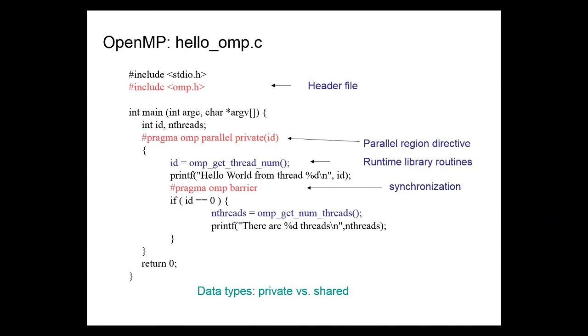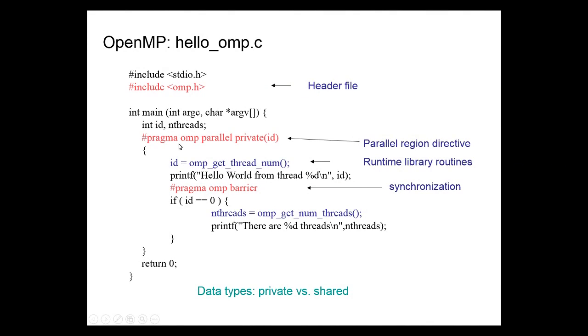If we transfer that to OpenMP code, there are several parts you need to include. The first one is omp.h, the header file for OpenMP. And the most important part is the OpenMP parallel directive.